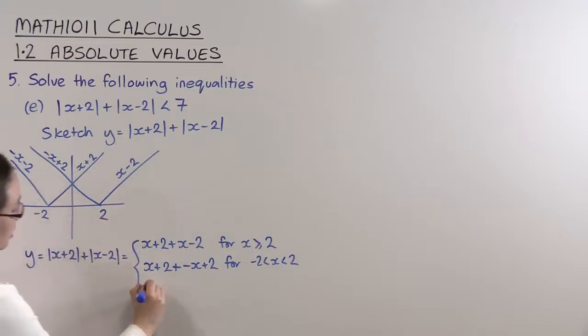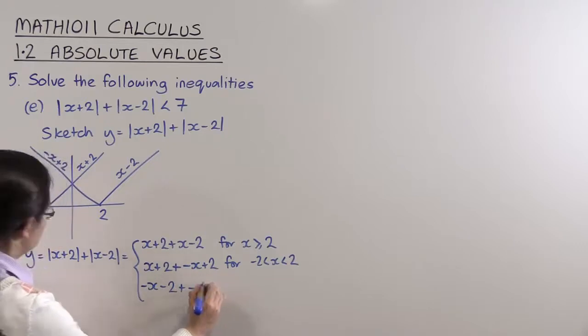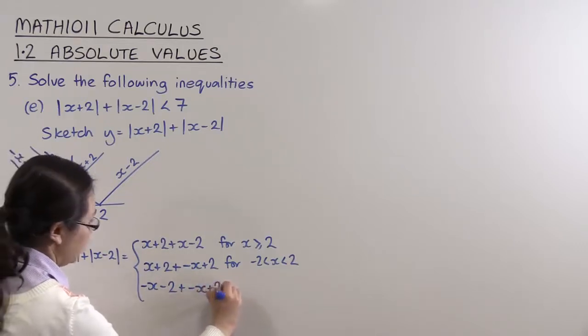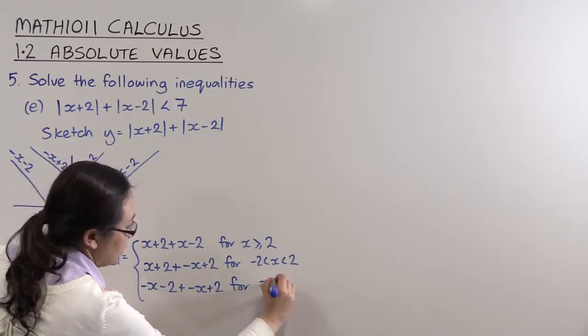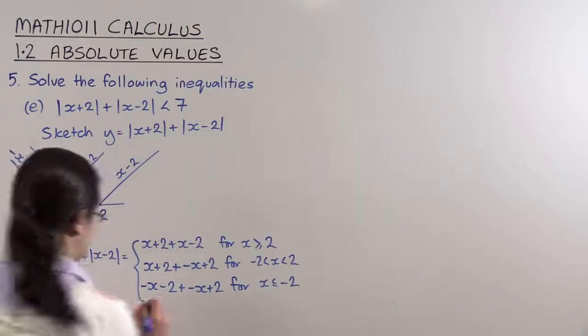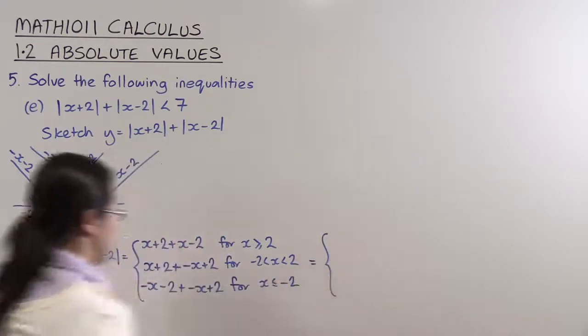And it's really a minus x minus 2 plus a minus x plus 2 for x less than or equal to minus 2. So we're adding these 2 equations for this side of minus 2 there. I'm just going to have to spill over here.